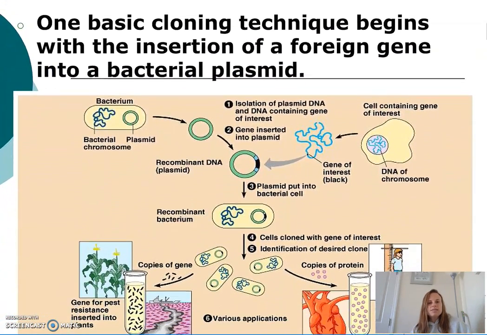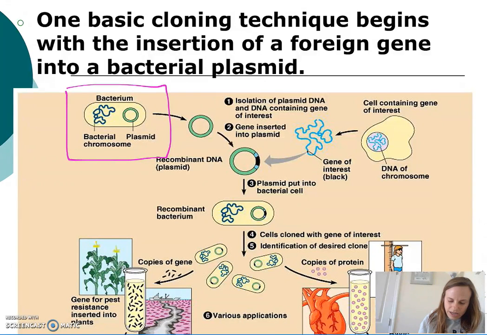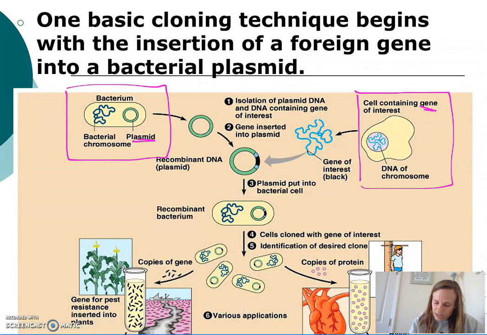So what would this technique look like? Let me show you by annotating this image. So here we've got our bacteria, and our bacteria has a plasmid, where that plasmid is a small circular piece of DNA. And now we've got our cell containing the gene of interest.